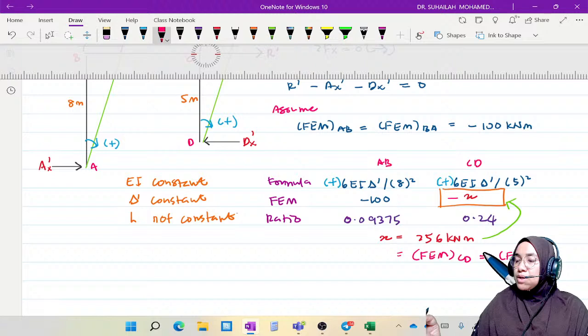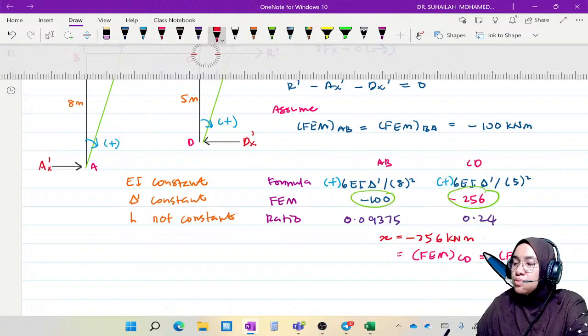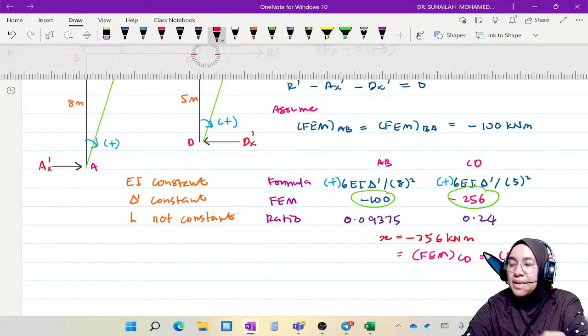So this negative 100 and negative 256, we have to substitute into the table under FEM. Remember that both must be negative because the angle is positive.